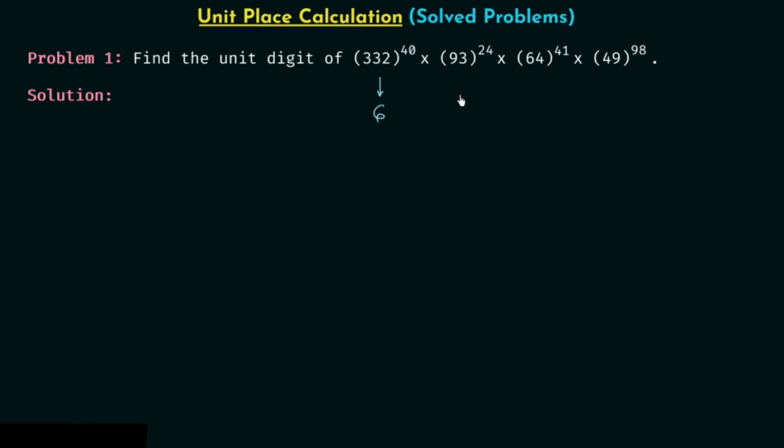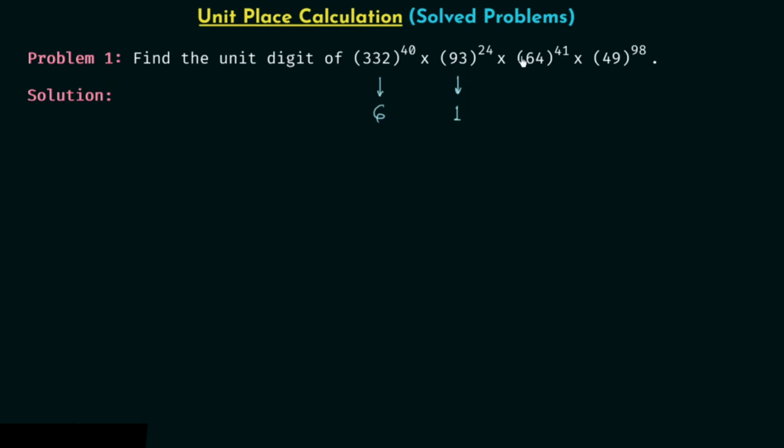So this we can write as 3 raised to power 0, and we know 3 raised to power 0 means we will have 1 at the unit place. And if you are not getting how 2 raised to power 0 is giving us 6 and 3 raised to power 0 is giving us 1, you will have to watch the previous lecture.